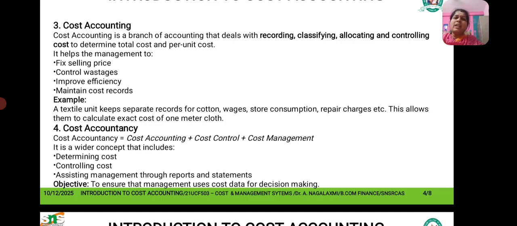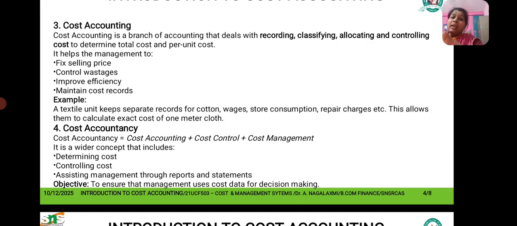So purely on a cost basis, we will record, classify, allocate and control. That type of branch of accounting is said to be cost accounting. By using this cost accounting, we can determine the total cost incurred for the total production, and we can also determine the per unit cost of one product.